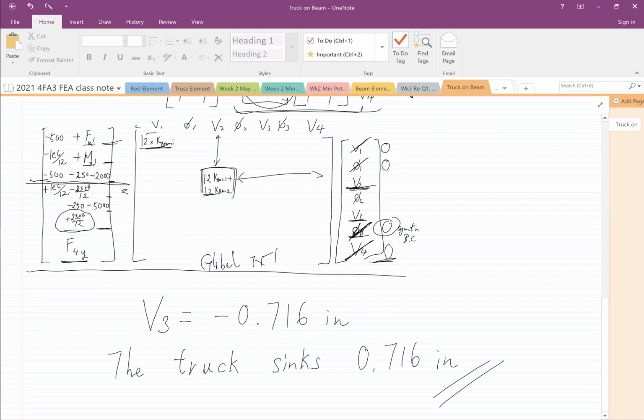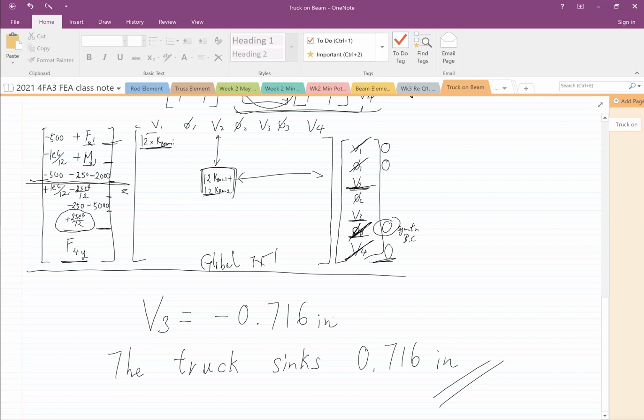Okay, always remember, when I see the answer, I expect units. Because if you just give me V3 = 0.716, it doesn't make any sense to me. Is it meters, feet? No, you have to give me inches.